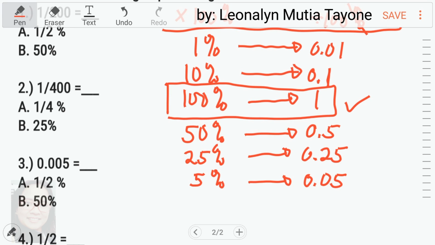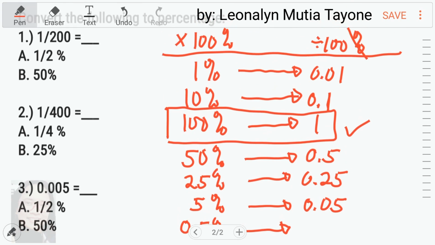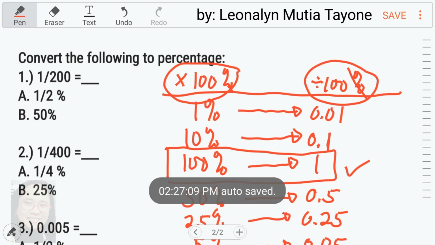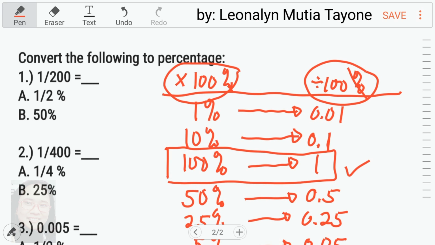Next, what if this is 0.5%? Again, walang mababago. Para ma-cancel out itong percent sign, mag-divide tayo ng 100. 1% divided by 100, so 0.01, para mawala yung percent sign niya.